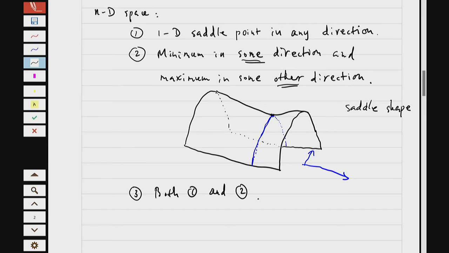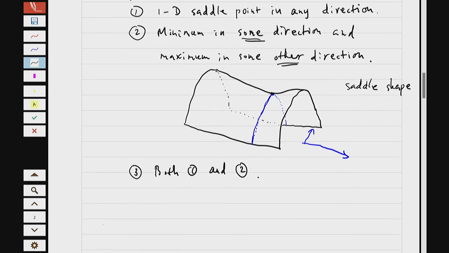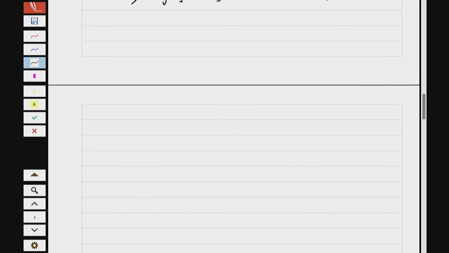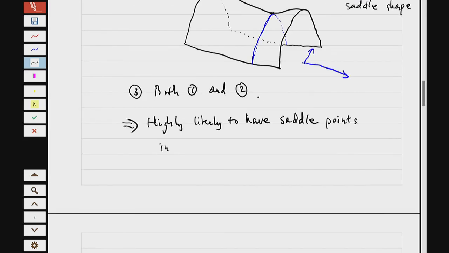Lots and lots of saddle points. Very hard to deal with. So highly likely to have, because there are so many different cases that can create a saddle point in high dimensional space.